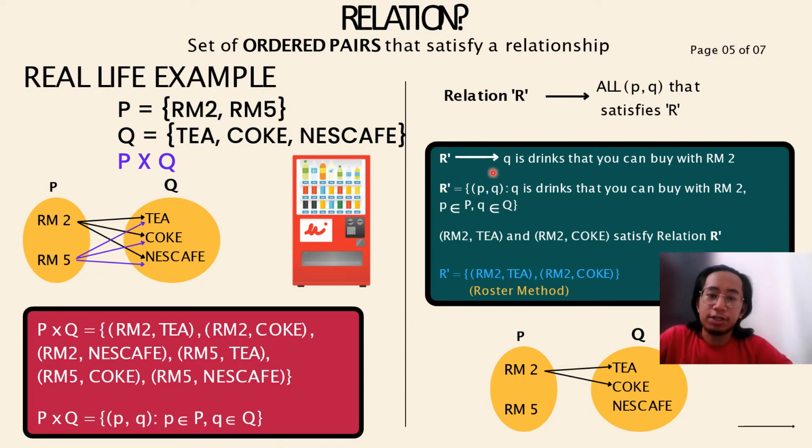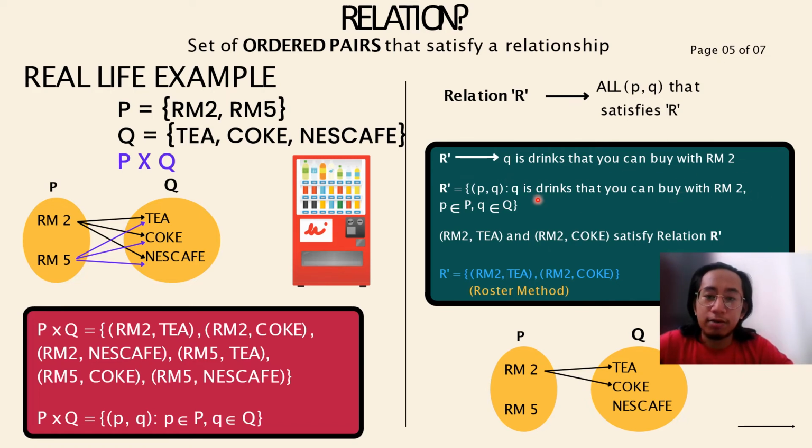Now moving on to the relation that we will use. Relation R' gives us the set of all ordered pairs (p, q) that satisfy the relation. It could be any relation, but as you can see, we use the relation R' here: q is a drink that you can buy with 2 ringgit.